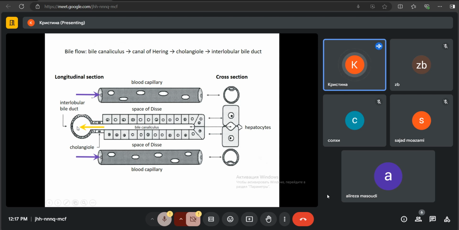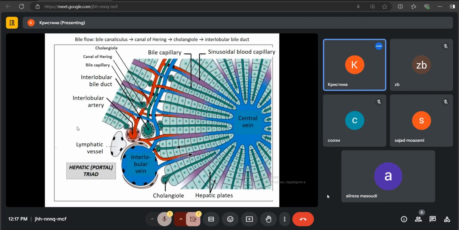The interlobular bile duct, along with the artery and the vein, also called interlobular, make the interlobular triad. So in this picture, we see the central vein in the center of the lobule. These are the hepatocytes making the plates.